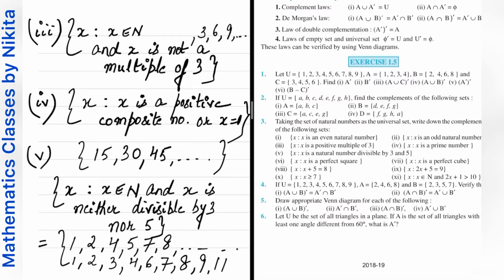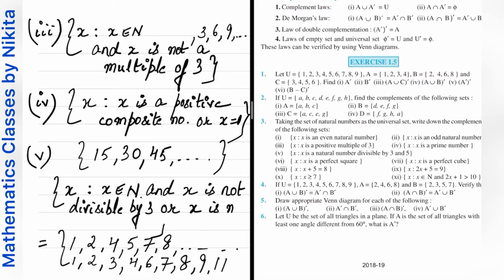सो ऑल दोज x सच दैट x इज़ अ नेचुरल नंबर एंड x इज़ नॉट डिविजिबल बाय 3 और x इज़ नॉट डिविजिबल बाय 5. सो बेसिकली मैं आपको और थोड़ा सा इलेबरेट कर देती हूँ स्टेटमेंट को. x is not divisible by 3 or x is not divisible by 5.